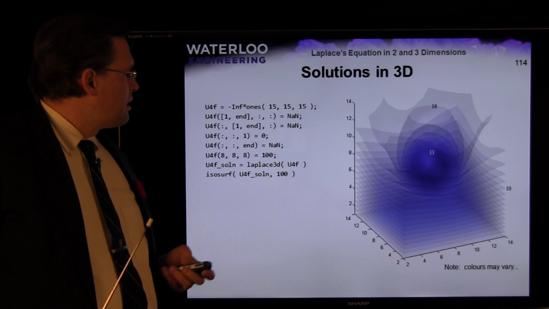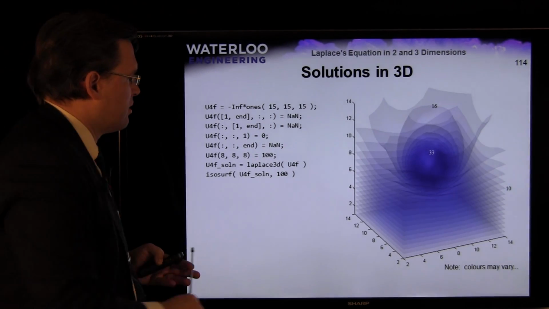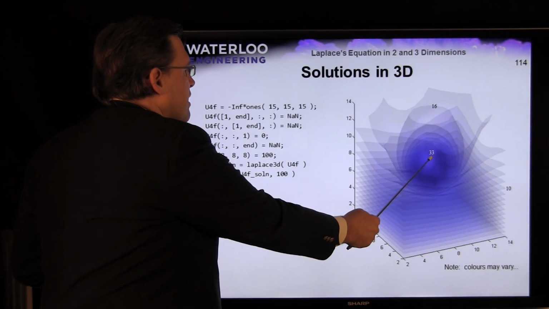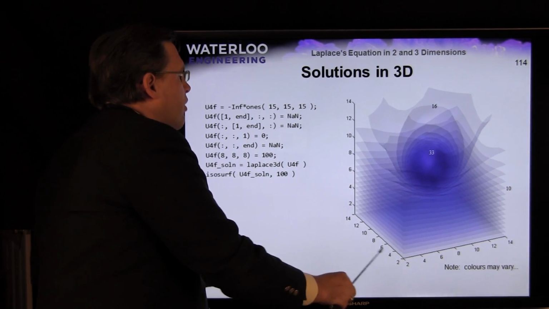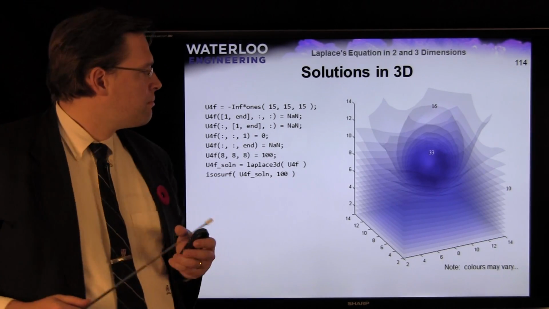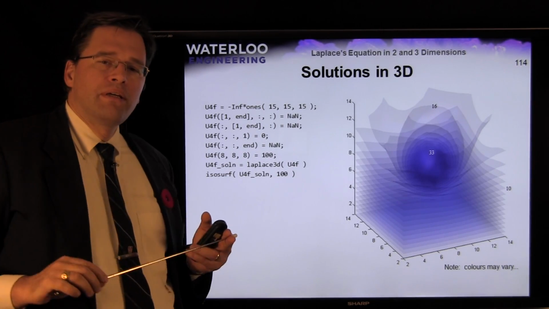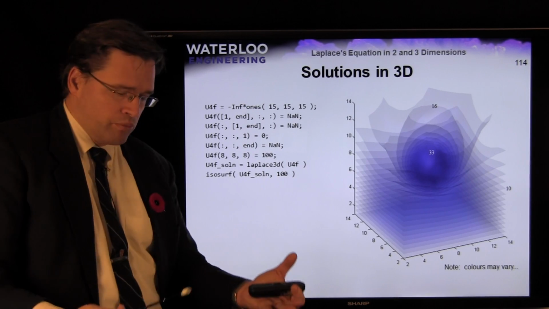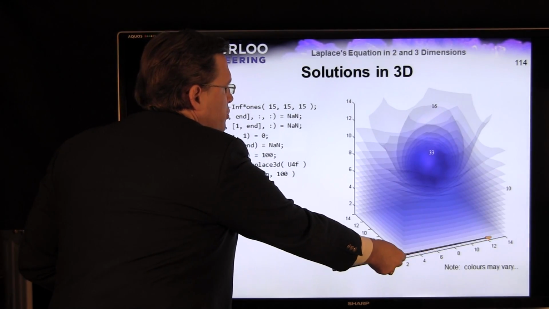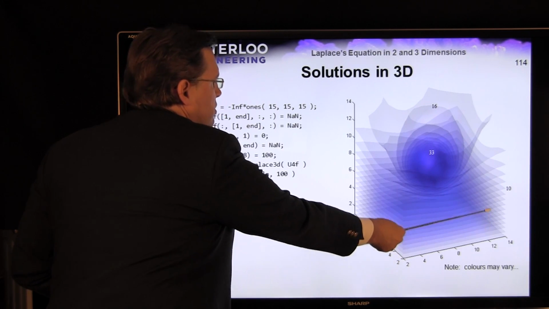And finally, here we have one surface that is set to 0, one point that is set to 100, and all other 5 sides are insulated. All right, is this what we expect? Well, yes, close to the surface, you do not expect significant change.